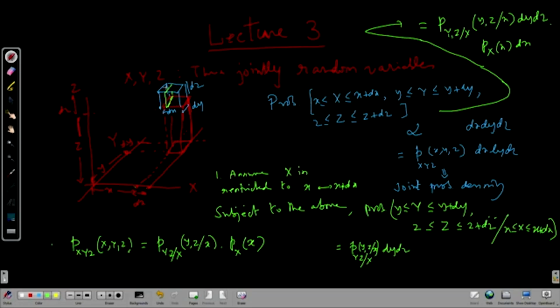Okay, capital Z can vary from here to here anywhere. Capital Z could be like this, from small z to z plus dz.